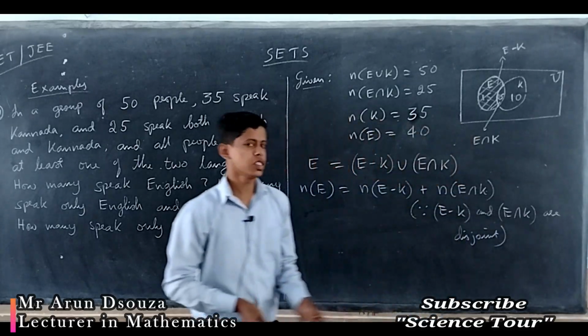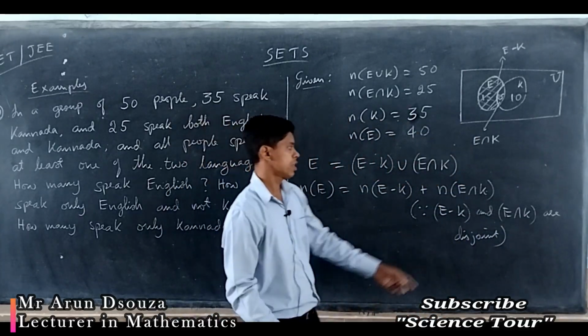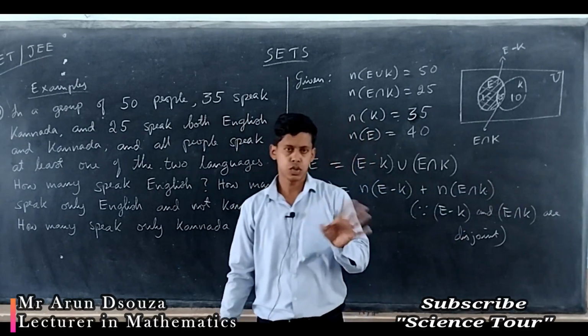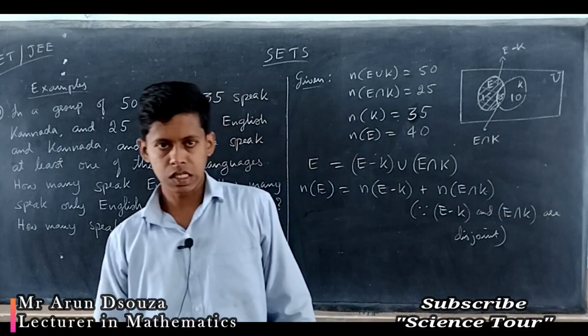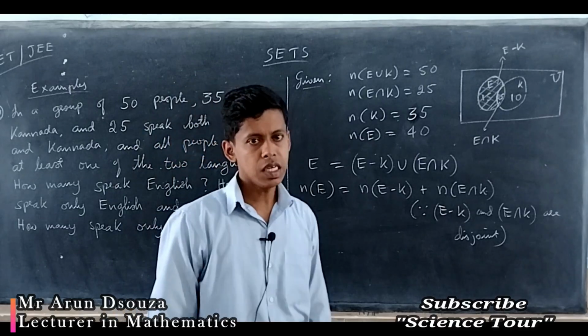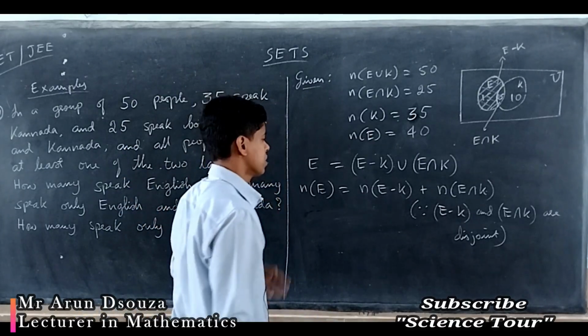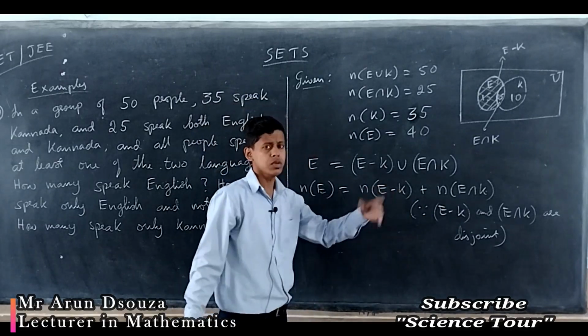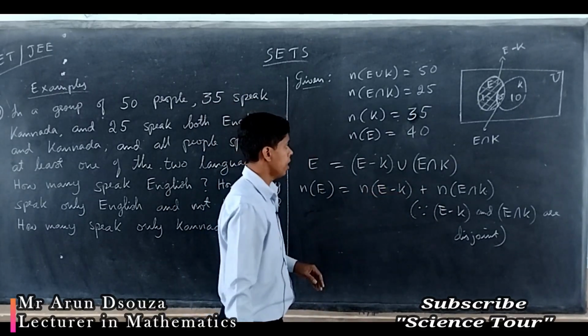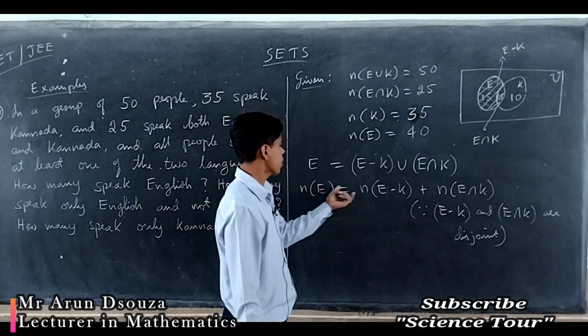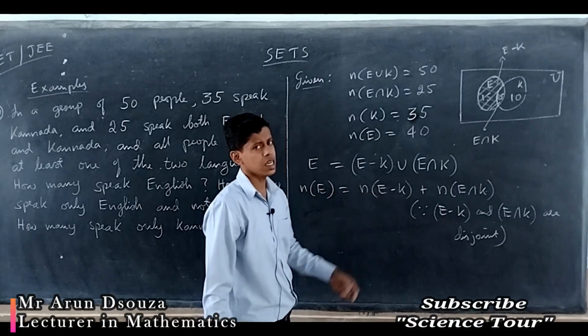If they are disjoint, that intersection term you don't have to write, because there is nothing common. The number of elements in the intersection will be 0, so whether you add or subtract it doesn't matter. Now you have got a formula for E minus K.